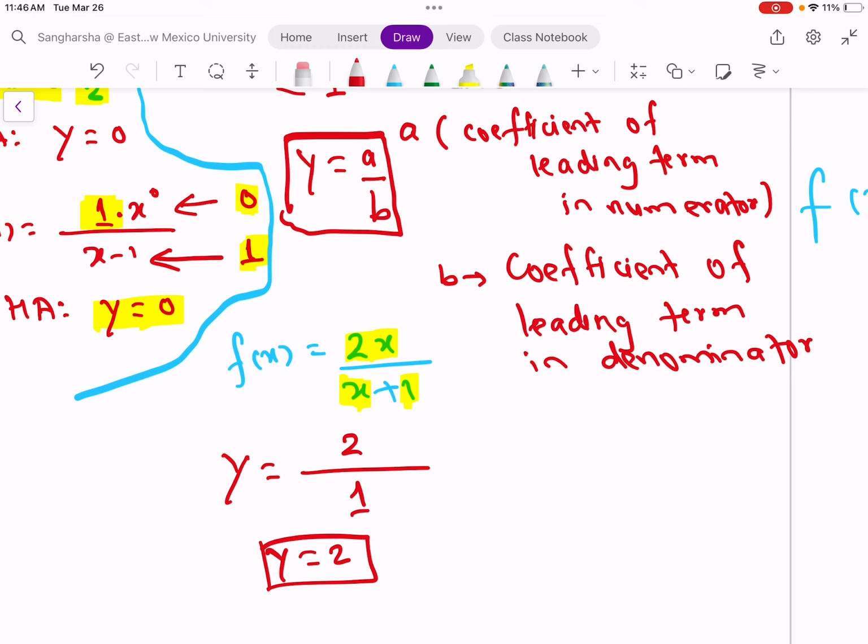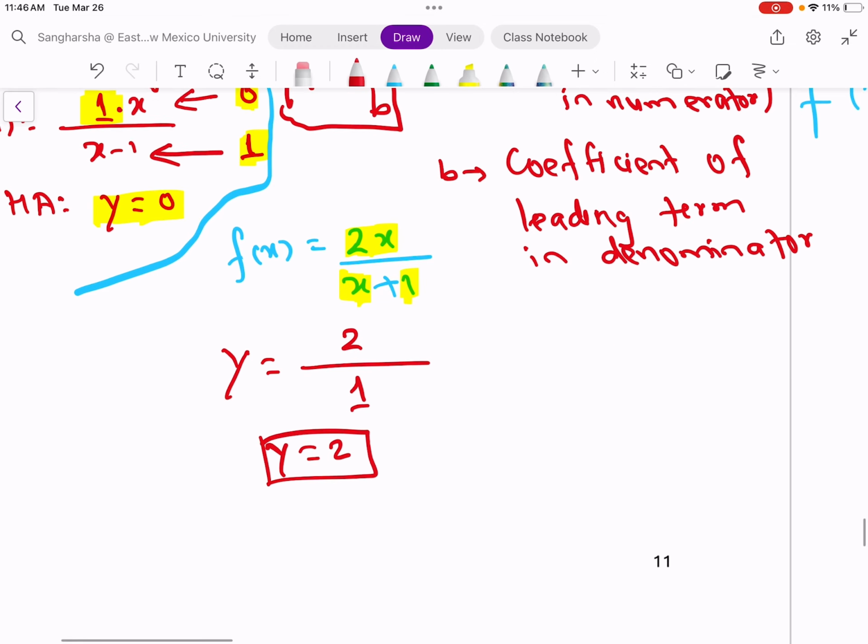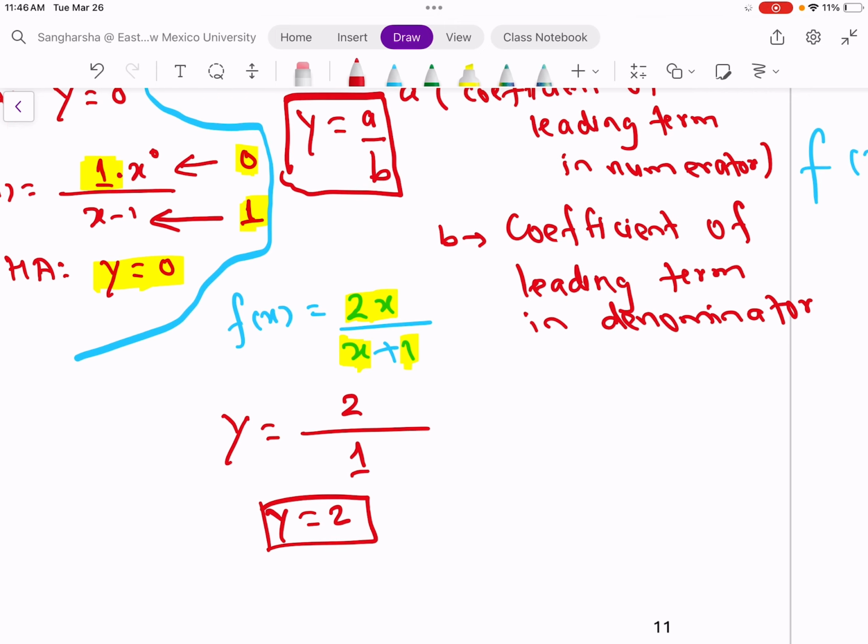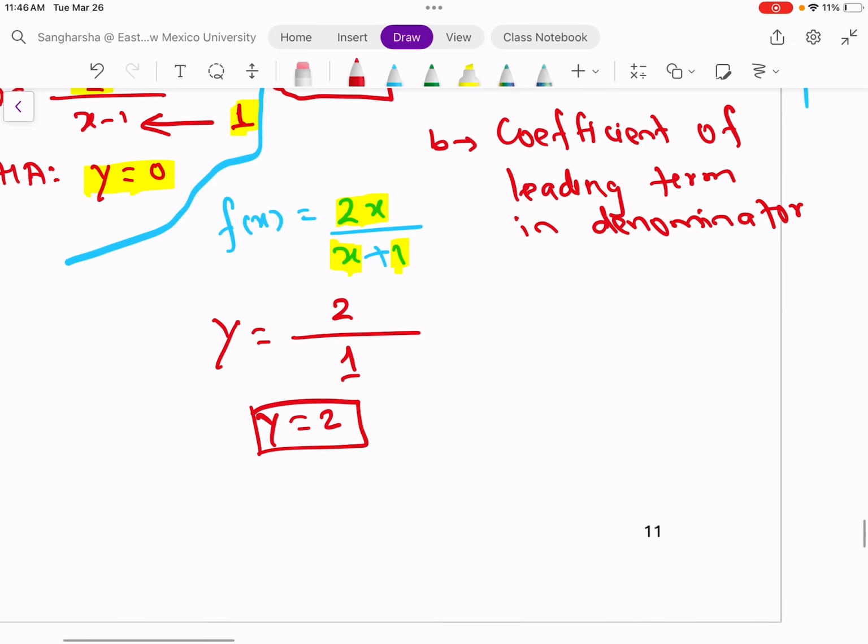So if we have the same degree in the numerator and denominator, then the horizontal asymptote is a divided by b. a is the coefficient of the leading term in the numerator divided by the coefficient of the leading term in the denominator. Let me add one more example.